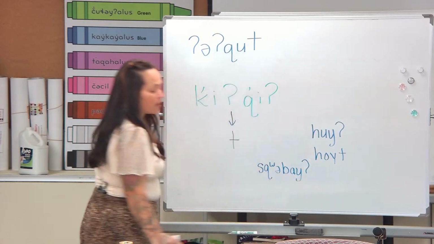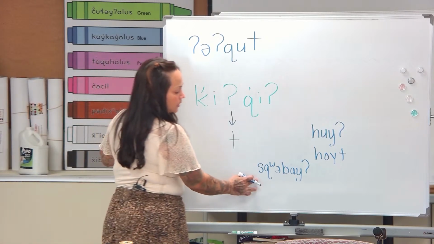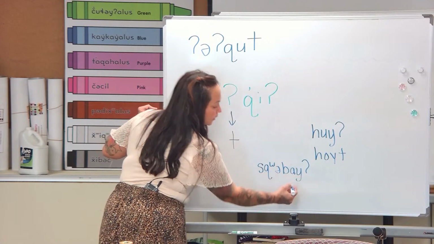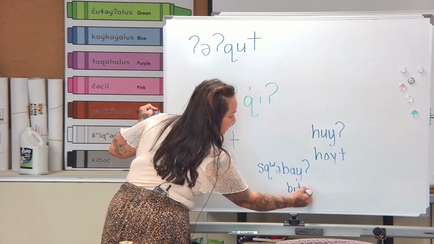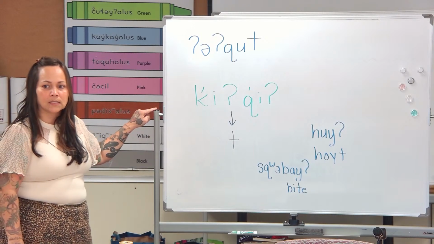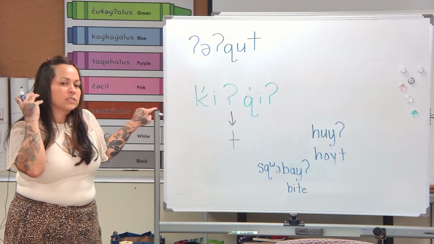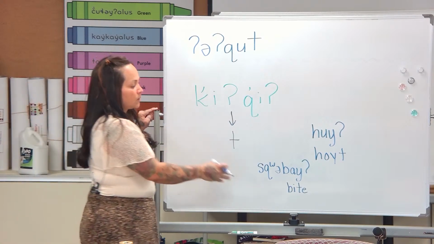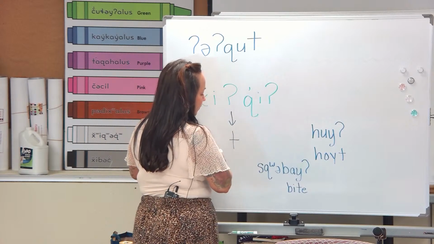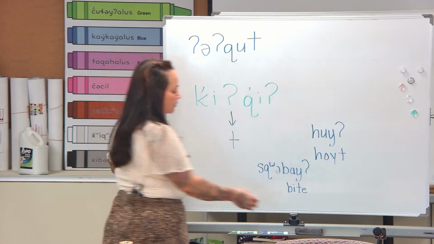What's the word for dog? Squabite. Because of that, a lot of people pronounce this bite. So some people say squabite, because we want to try to connect something there. We just have to train ourselves to know that those vowels with that glottal stop, it's just an abrupt stop of that vowel sound.